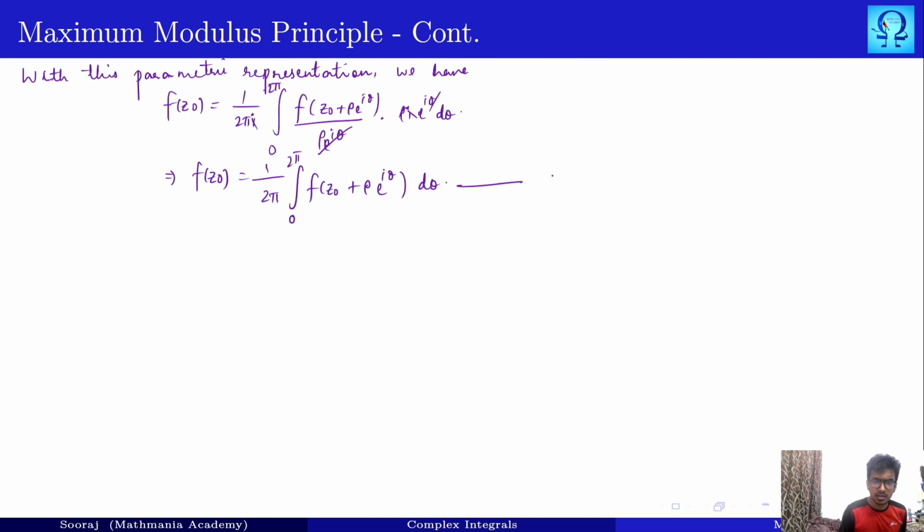And we mark this as equation 2, and this equation 2 has something to tell us. What is that?